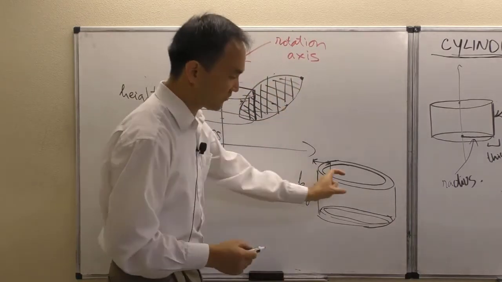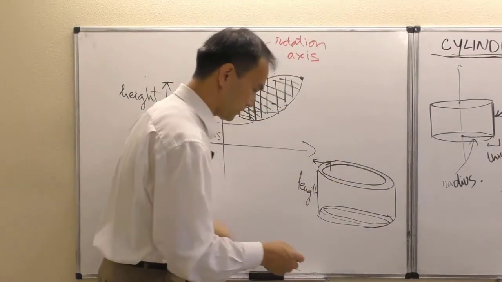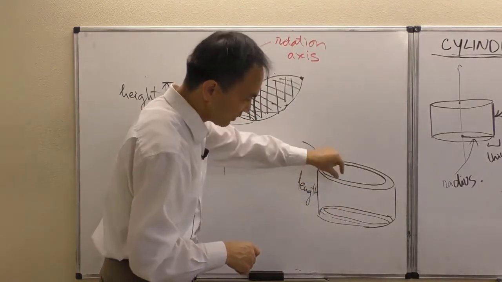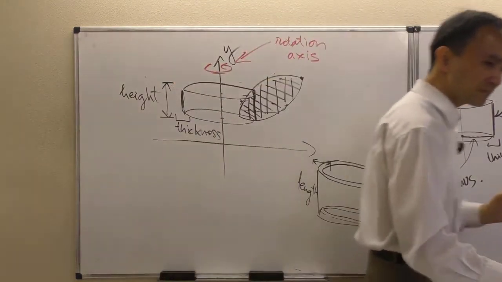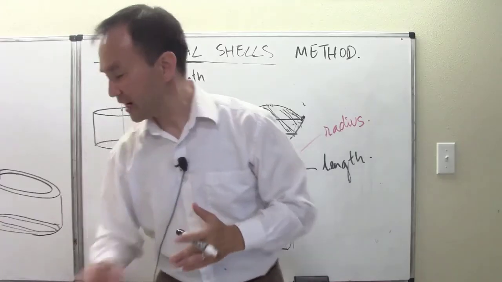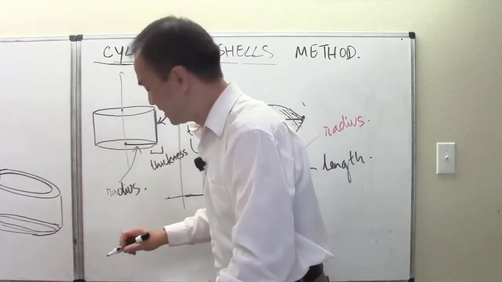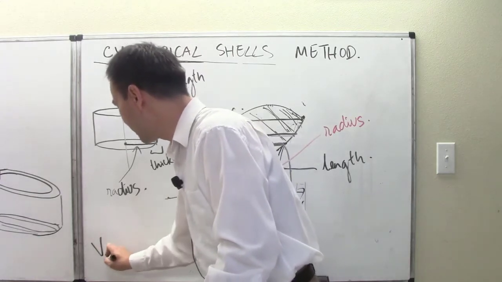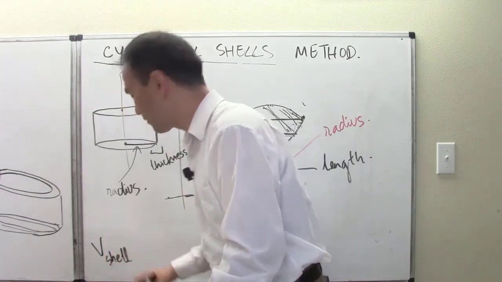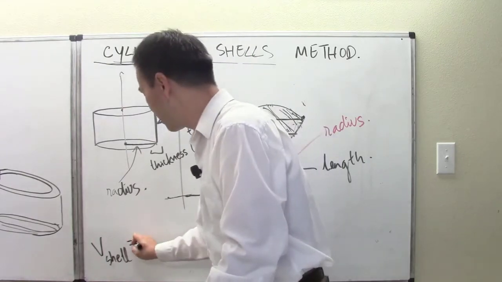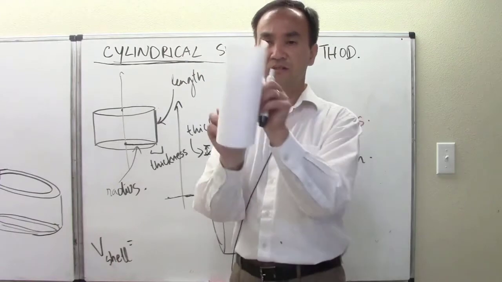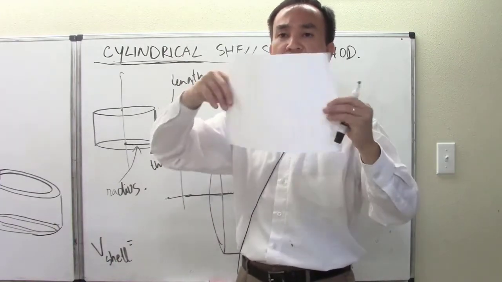So now to find the volume there, imagine that flat version. All we do to calculate the volume of that shell is go back and set up the formula as follows. We will calculate the volume of one shell. Now the circumference is just what we get when we unwrap this paper.